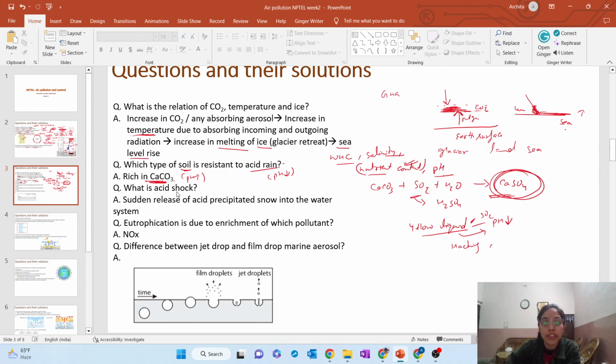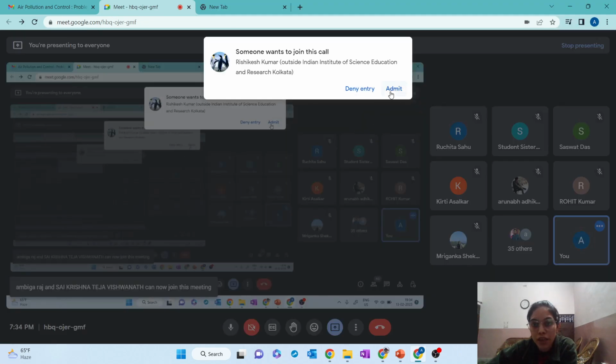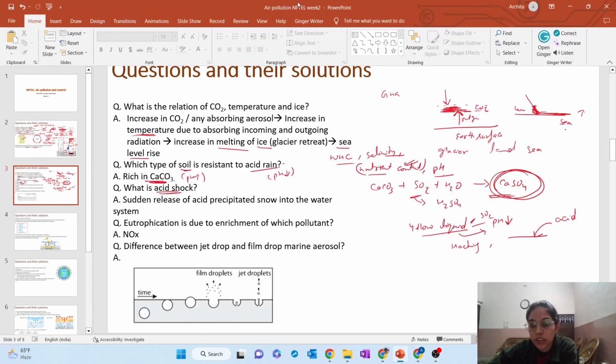So this is acid shock. Okay, that is when, let's say, in normal or calm water there is a sudden entry of acid rich compound or acid rich water or snow. This can come from mines, okay, if there is a sulfur mine or any mine, or this can come from the atmosphere.